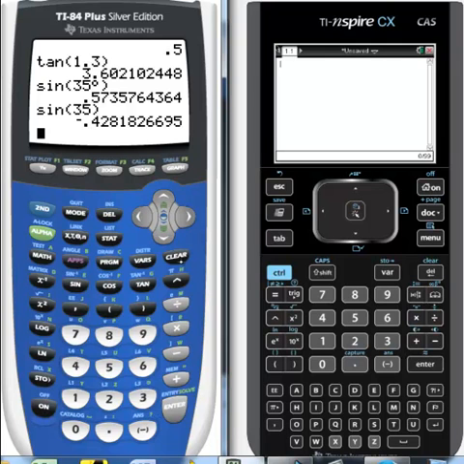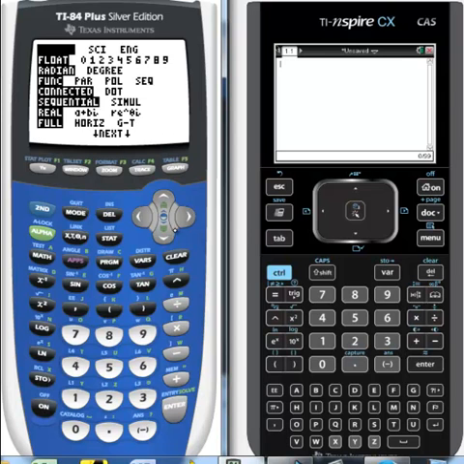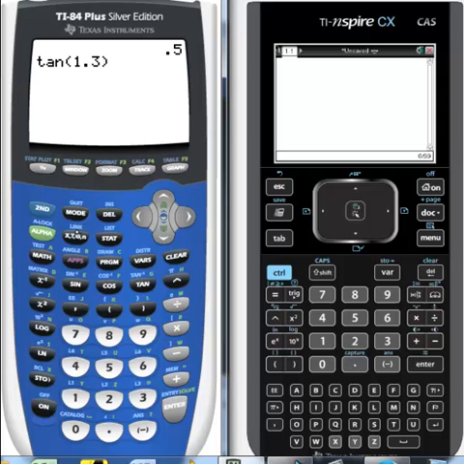So that's basically how we can compute trig functions, and these are accurate to as many decimal places as the calculator has. Another thing we can do, if we're going to do a lot of these calculations and we're always in degrees, is switch our mode to degrees instead of radians. Method 1 is to always leave it in radians and just put the degree symbol when you need it.